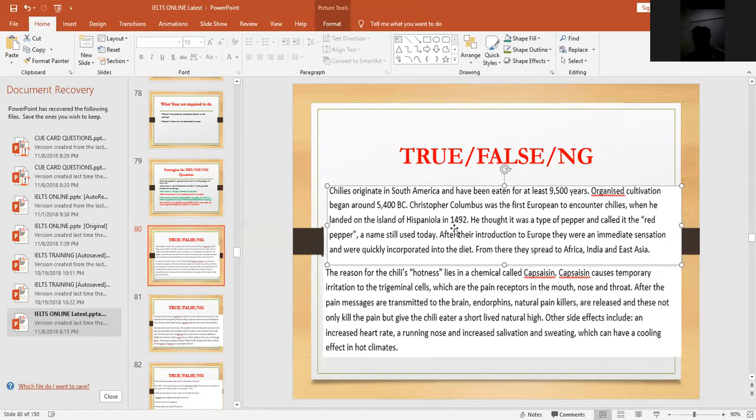Christopher Columbus was the first European. So origin, for me, the main idea is of change, because it's beyond origin now. It's starting to give you the date when cultivation began. It's starting to give you who discovered it and where. So the main idea for me is about the history. That's why I normally fault those who say the first statement will give you the main idea.